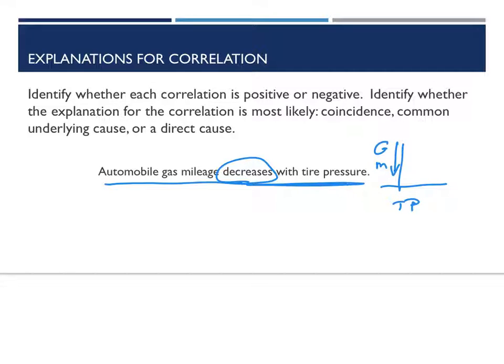Decreases with tire pressure means the tire pressure is also going down. On the x-axis, that means we're going left. Well, how do I draw a line that goes left and down? That's actually a positive correlation. Now, I'm not an automobile mechanic, but in my limited knowledge, I would call that a direct cause.